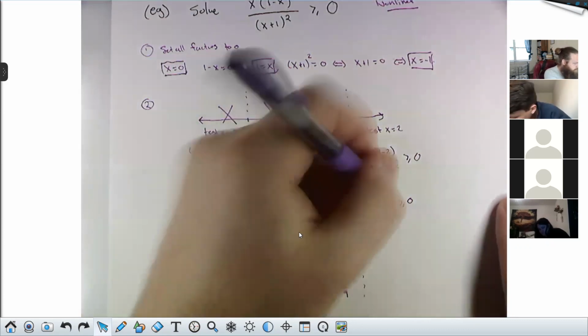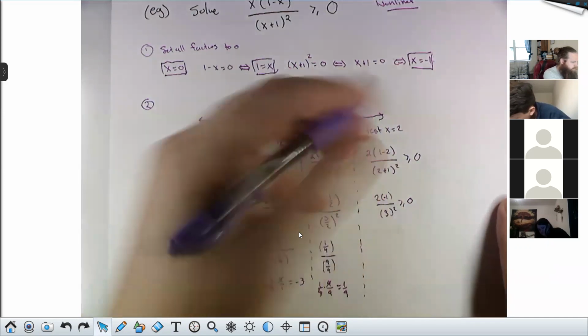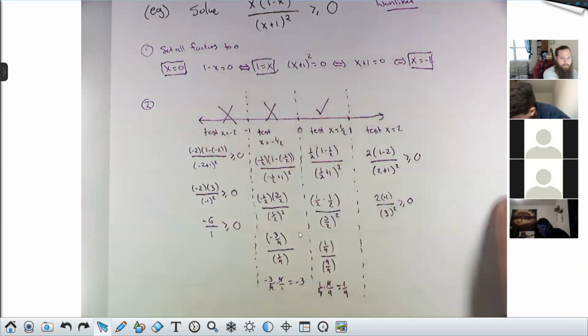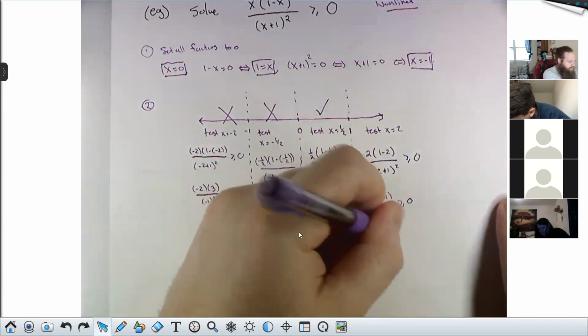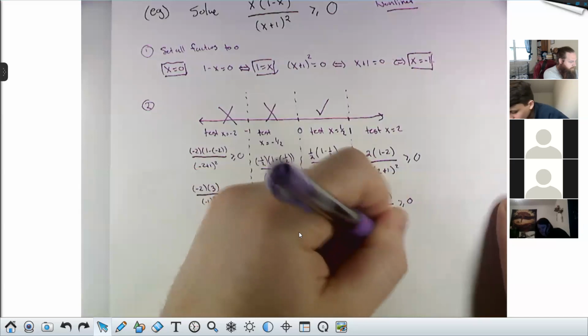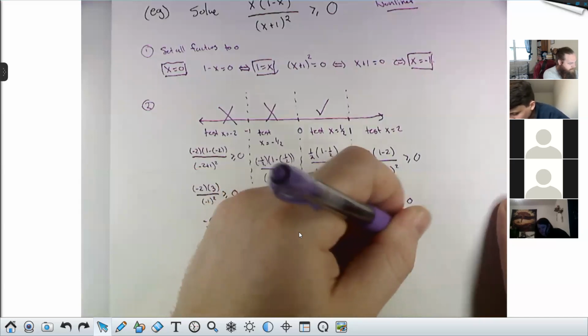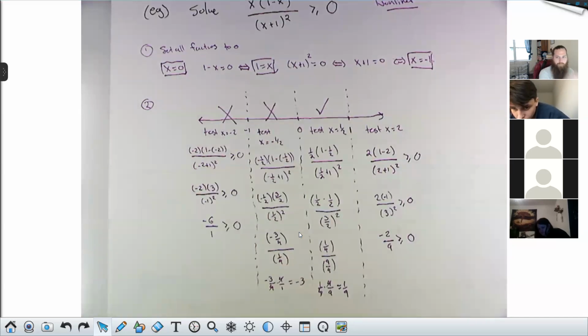Oh, sorry, 1 minus 2 is negative 1, isn't it? Negative 1. 1 minus 2 is negative 1. So the numerator there is negative 2. The denominator there is 3 squared is 9. Is this a true statement? No. That's not right. Negative 2/9 is negative, so it's smaller than 0, not greater than 0.